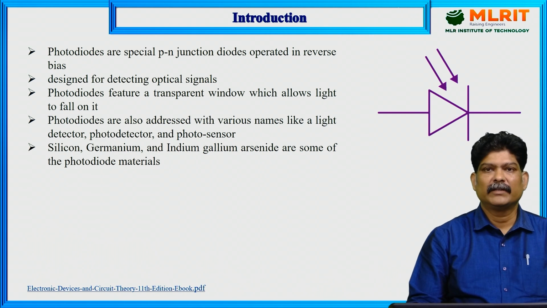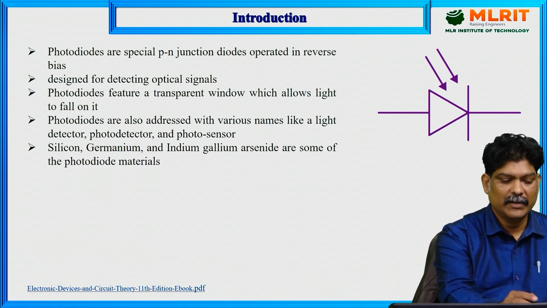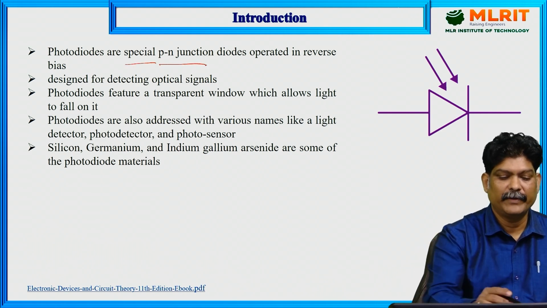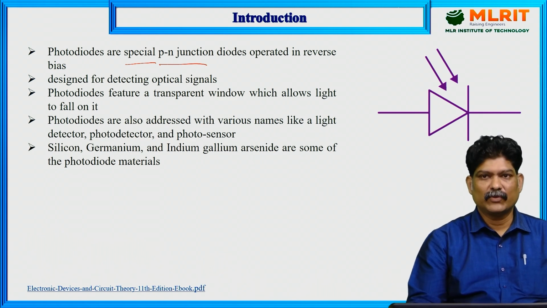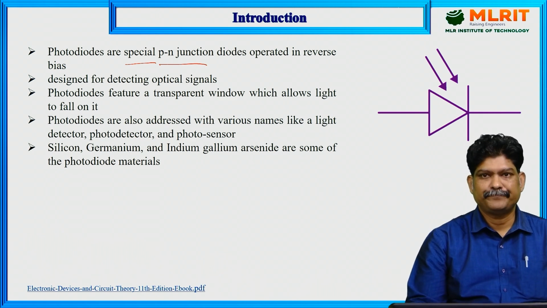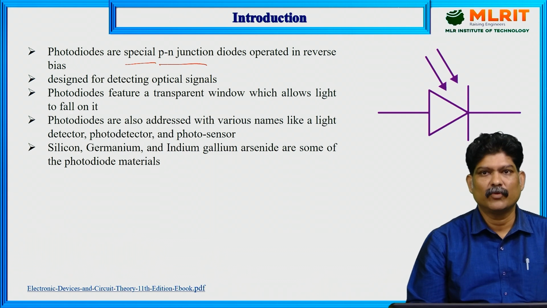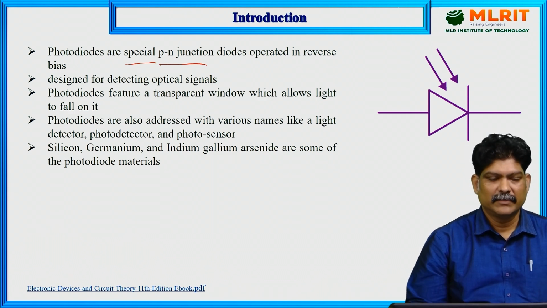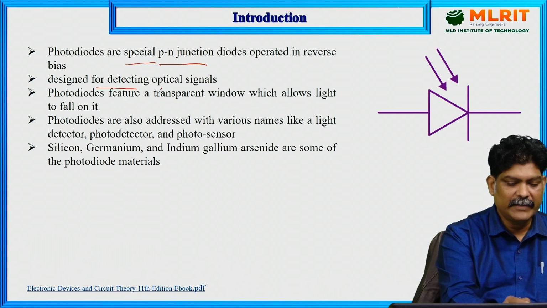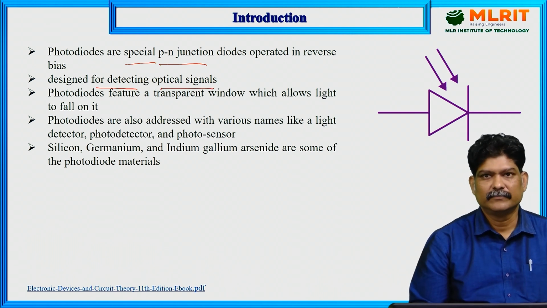Coming to the introduction part, photodiodes are special PN junction diodes operated in reverse bias only. These photodiodes are specially designed to operate in reverse bias condition and designed for detecting optical signals, so light signals.